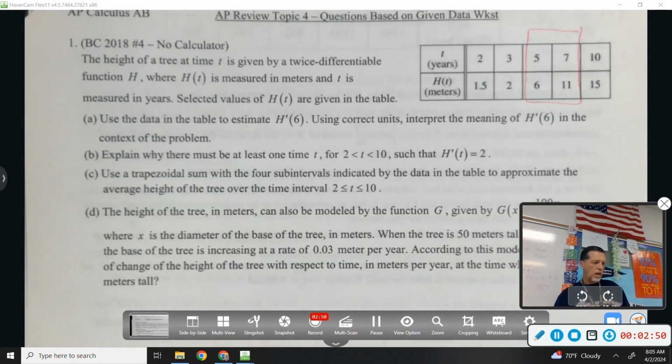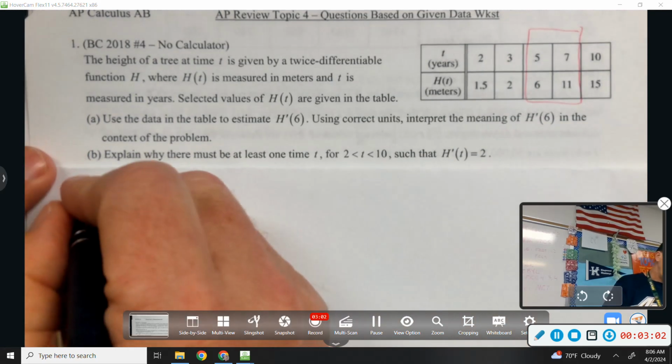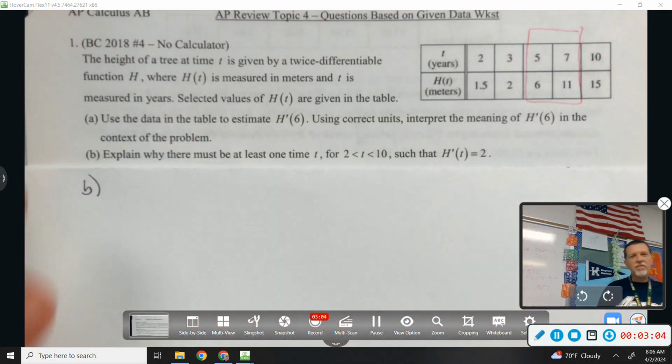Part B. Explain why there must be at least one time between 2 and 10 such that h prime equals 2. Okay, if there must be a derivative, that sounds like a, let's see, what is that? Anybody know what that's called?